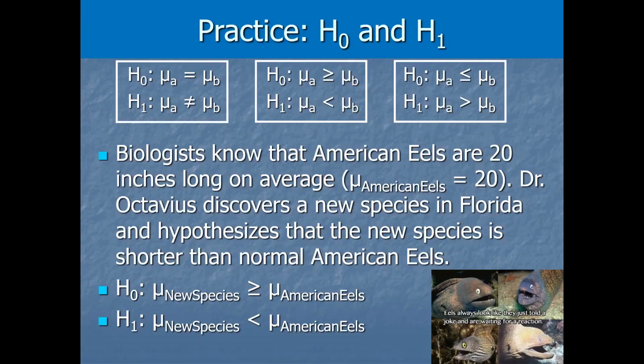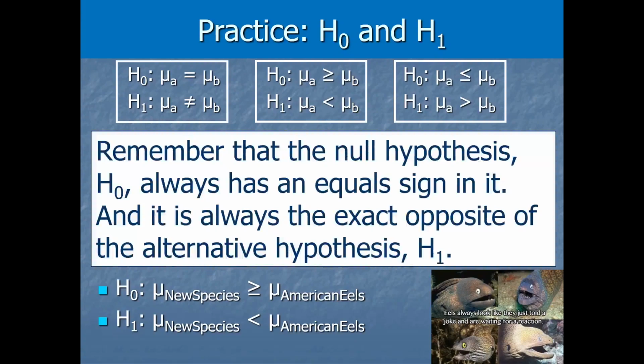Now remember, the null hypothesis is always the one with an equals sign in it. But also, note how the two hypotheses we've set up are opposites. They go together, they complement each other. So they come from one of the boxes of options up top there. If I am suspecting a less than relationship in my H1, then I need to put a greater than or equals to sign in my H0 to go with it.